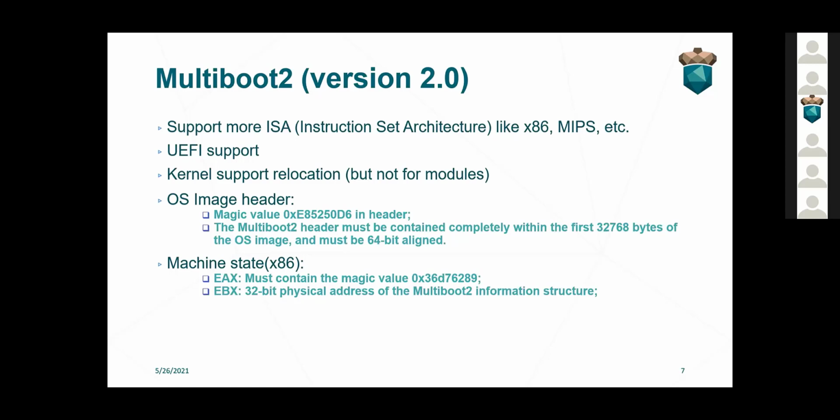For the machine state, the multiboot 2 magic will be in the EAX register, and the 32-bit physical address of the multiboot information will be in EBX. This is an example for x86. For other architectures, it will be in the specific registers of that architecture.